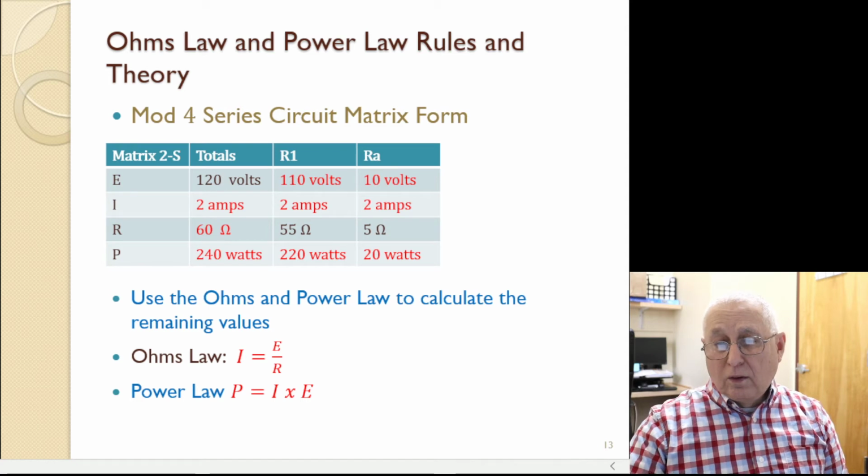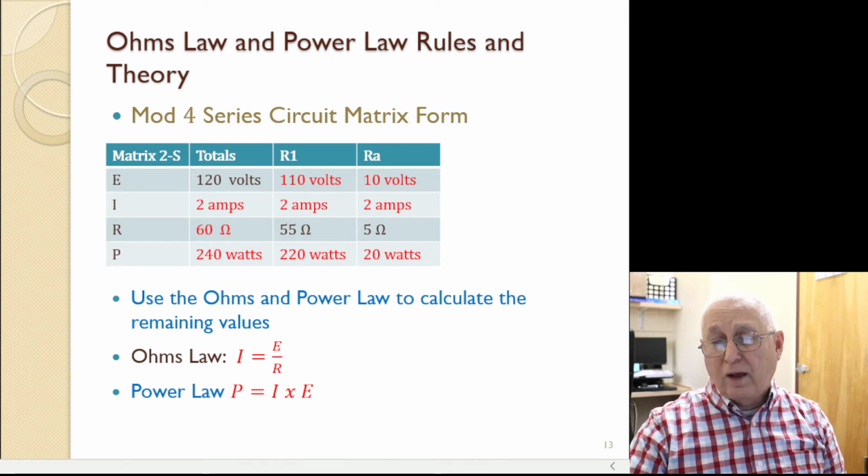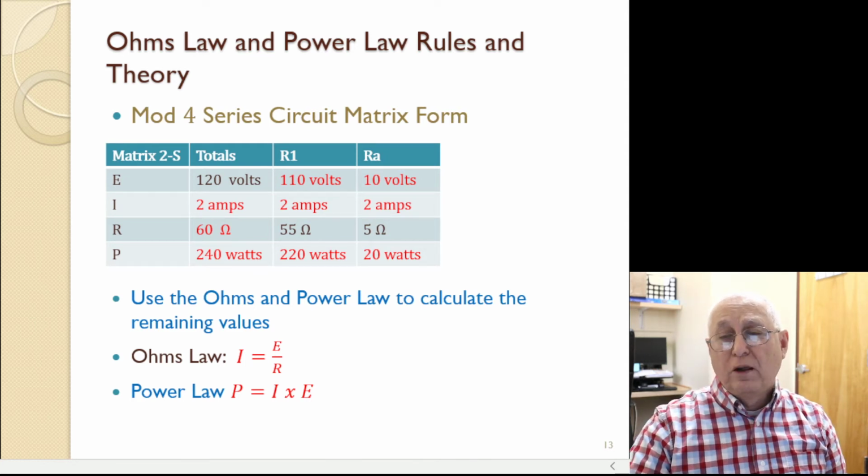So 60. Now I want to find my amperage. I have 120 volts. I have 60 ohms. I equals E divided by R. 120 divided by 60 equals 2 amps. This is a series circuit, so the current is the same everywhere.